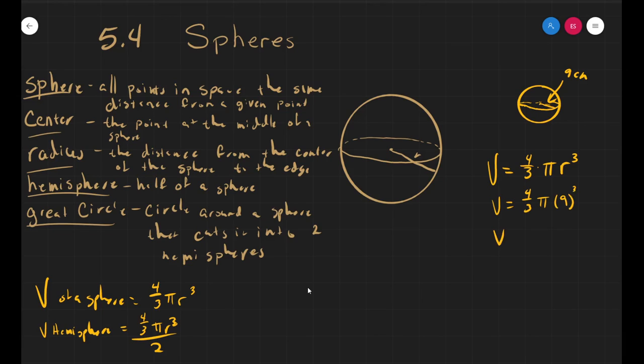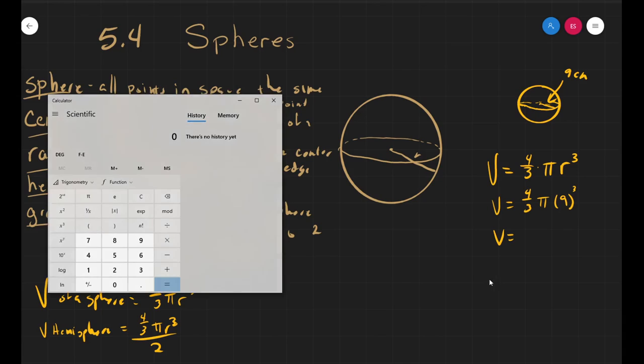Go ahead and grab your handy dandy calculator. We have 4/3 times pi times 9 to the third power, and that would be this big number right here, 3053.62.